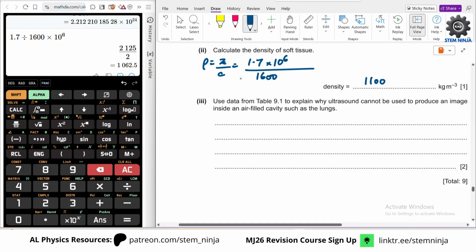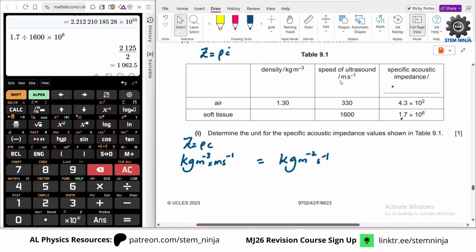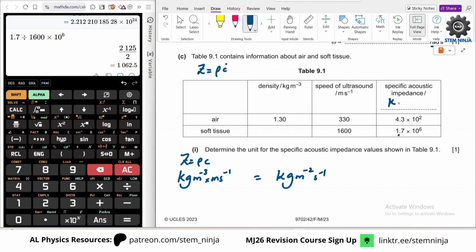Okay, use the data from Table 9.1 to explain why ultrasound cannot be used to produce an image inside an air-filled cavity such as the lungs. Oh, we actually have to write the unit over here: kg m^-2 s^-1, and this is 1100.